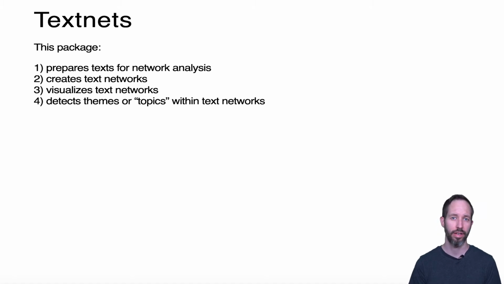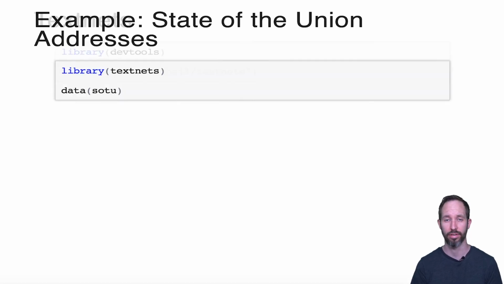Second, it creates the text network, and that is basically taking large unstructured text counts and projecting them into an adjacency matrix, which is very similar to a document term matrix with some subtle differences. Third, it has a suite of methods and functions for visualizing text networks. And finally, it has tools for interpreting or detecting themes within networks as well.